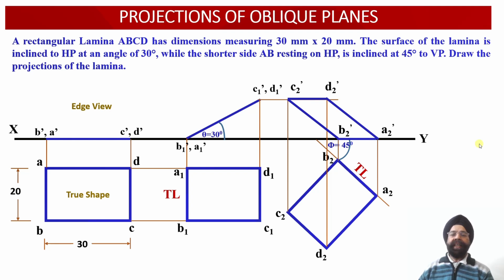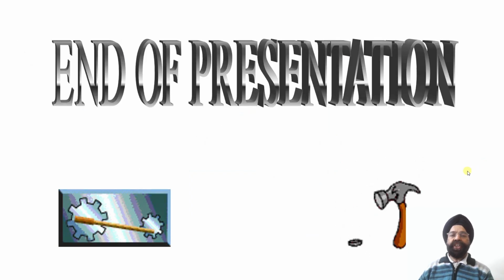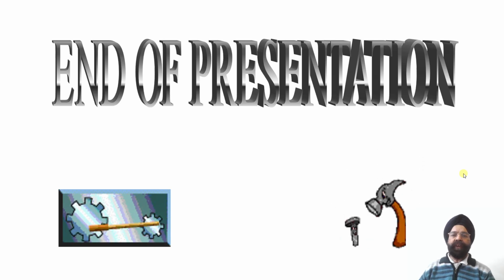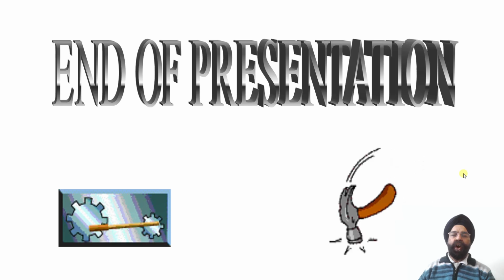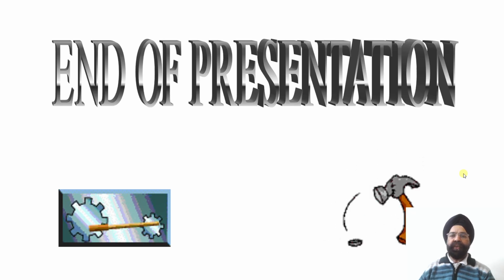I hope that through this discussion you would have understood the procedure to evaluate the orthographic projections of the rectangular lamina which is inclined to both the horizontal plane and the vertical plane. We are going to continue with further discussion regarding a few more illustrative cases of the projections of planes in the coming lectures. So thank you very much.